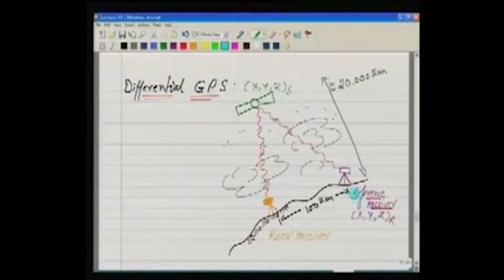Now what are we trying to achieve? The receiver where we want to determine the coordinate, we set this receiver as rover. The name of this receiver is rover because it is moving. So we are interested in the coordinate of this particular point and the reference receiver.